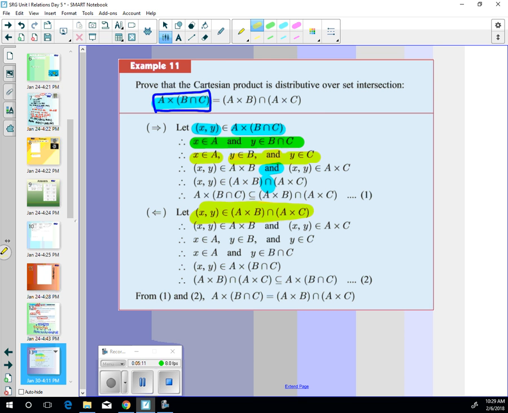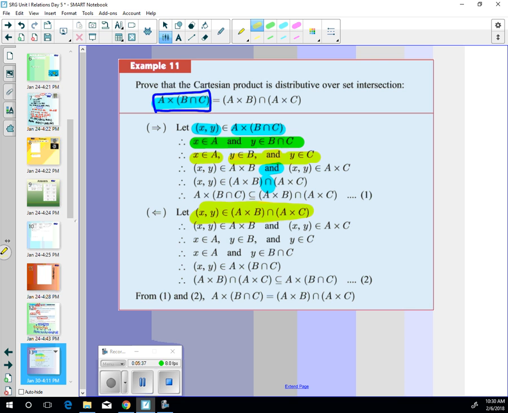And then y is an element of B, and y is an element of C. So you can see how those connect to the intersection, and x is an element of A and y is an element of B intersect C. And so you can put those together, A cross (B intersect C), and there you've got the second part. Second implies the first, first implies the second, so they're equal.